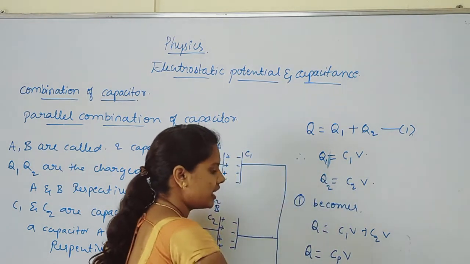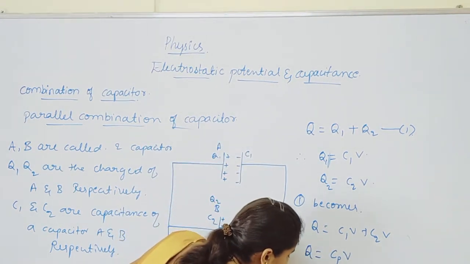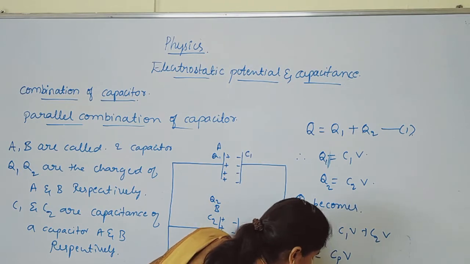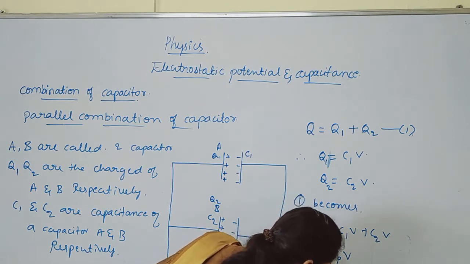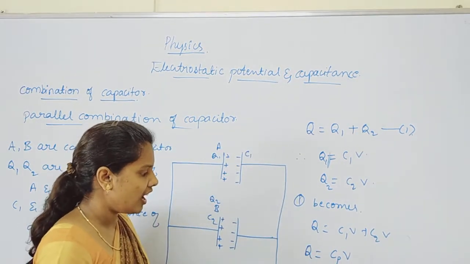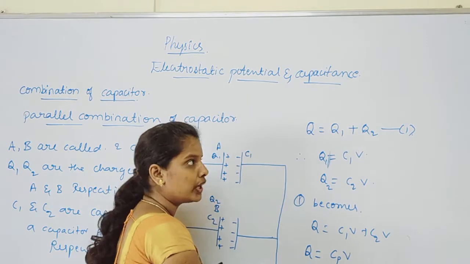On both sides V is the same, therefore V gets cancelled. The final equation becomes Cp equals C1 plus C2. This is the final required equation when the capacitors are connected in parallel. It is only for two capacitors.